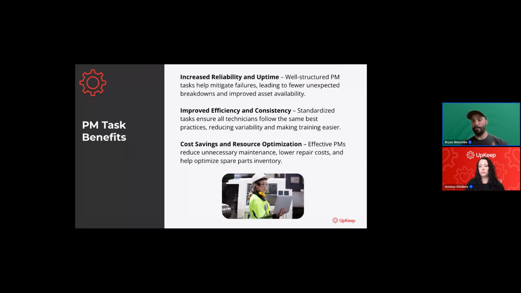You're going to lower parts consumption costs because you're going to be changing them proactively, and you're not going to have failed things and reduction in inventory, right? Everything becomes more cost effective when we're doing the right things at the right time, and maximizing our resources, which includes manpower, which is a huge one.